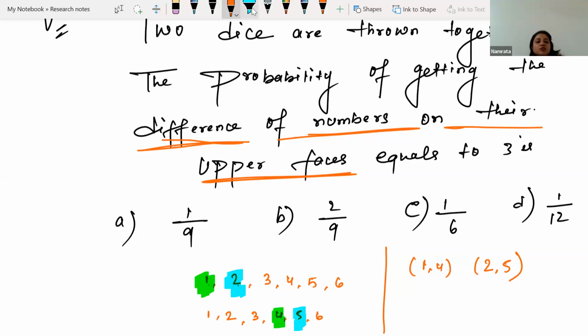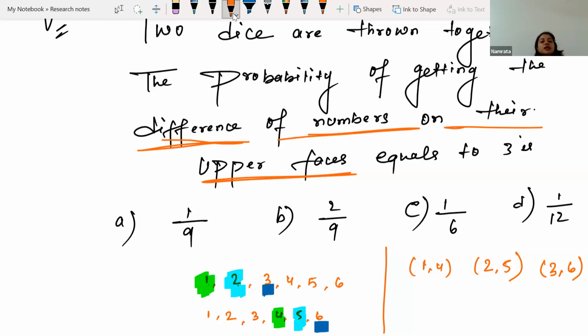Now the next one, if we are getting 3 on the first die, the other one must give us 6, then only the difference will be 3, right? What are we doing over here? We are just collecting all the favorable outcomes, because what will be the total outcome?